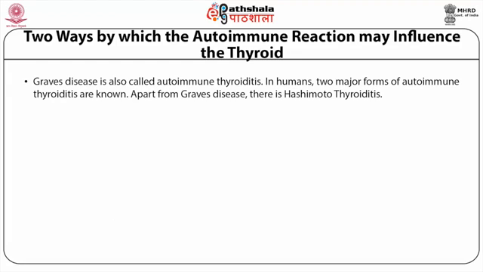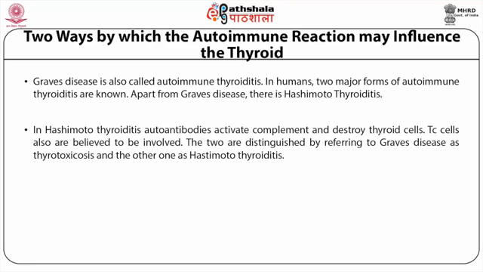In humans, two major forms of autoimmune thyroiditis are known. Apart from Graves' disease, there is Hashimoto thyroiditis. In Hashimoto thyroiditis, autoantibodies activate complement and destroy thyroid cells. TC cells are also believed to be involved.